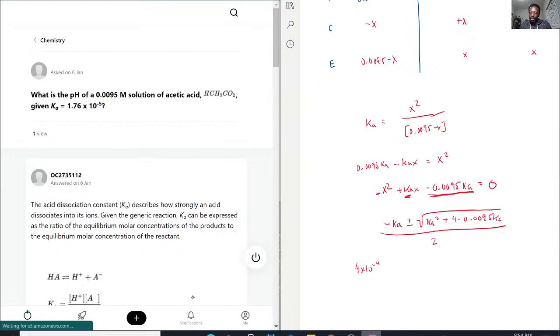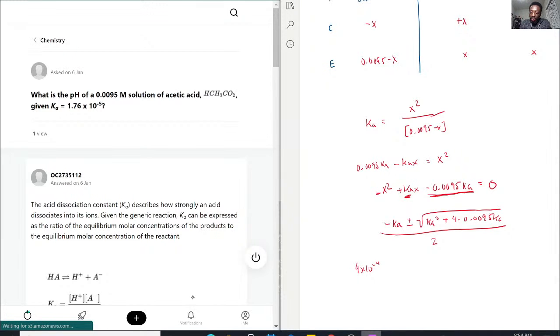And then the second number, which should make sense, should be a negative, which is something that we don't use. Because when we solve the quadratic equation, most times we end up with one answer that works and one answer that doesn't, because you cannot produce a negative amount of product. So now we're going to have that same number, put a negative in front of it, and then add that negative Ka, and then divide by 2.